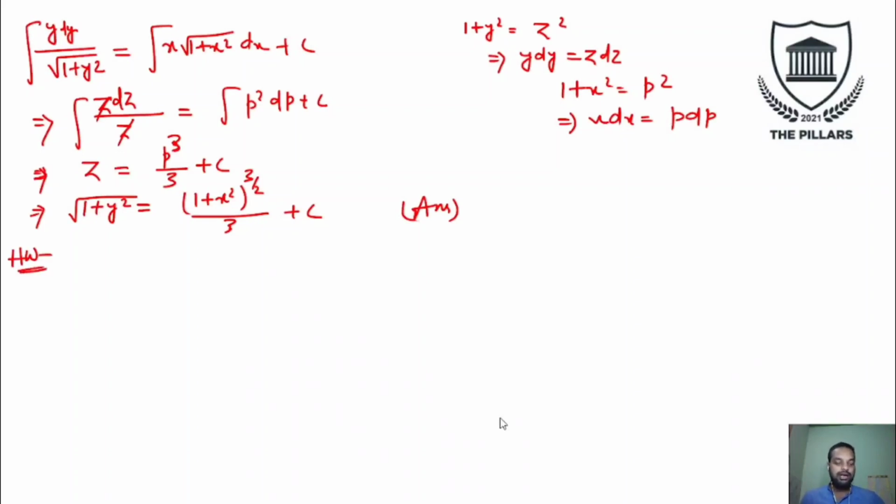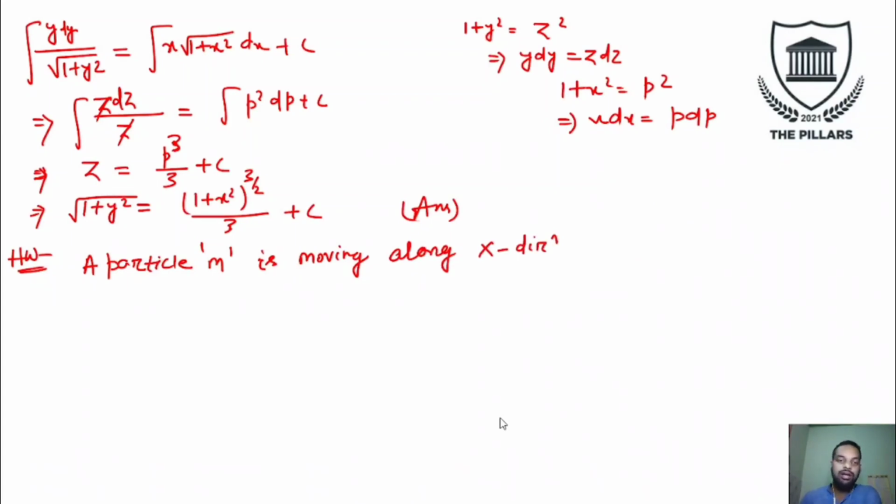The homework is, let's say a particle is there, the particle mass is m and it is moving along the positive x direction and it experiences a resistive force which is minus gamma v square.